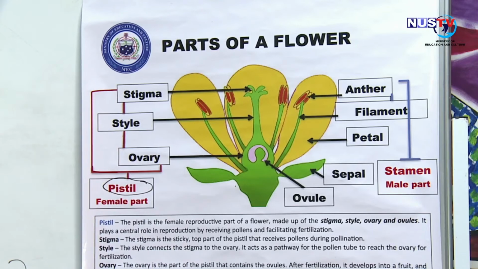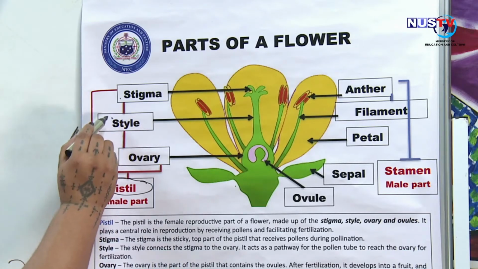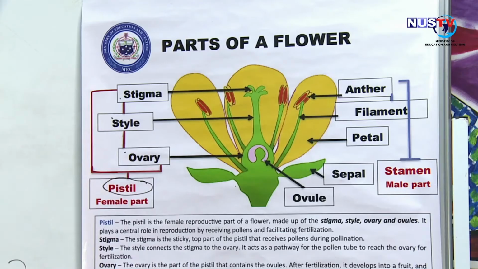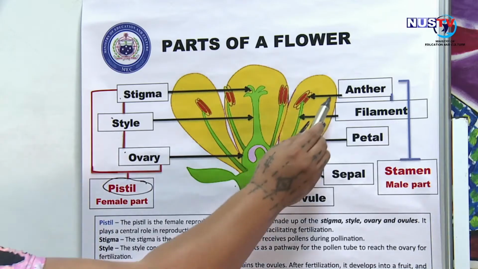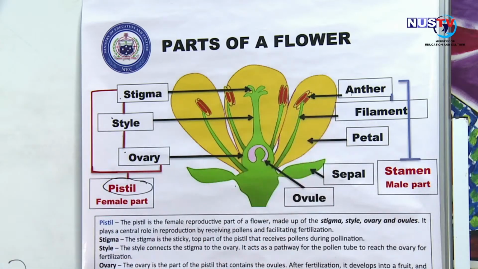The pistil is made out of 3 different parts. It is made out of the stigma, the style, and the ovary. The male part is made out of the anther, the filament, and the petals.